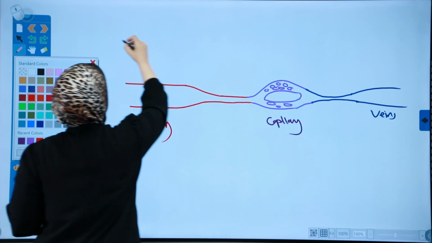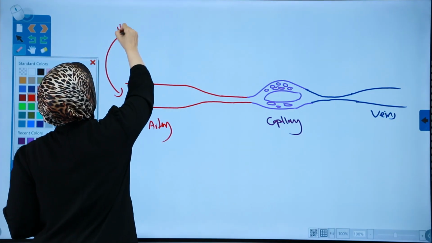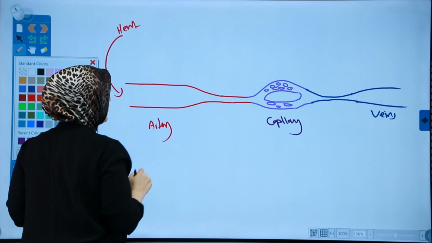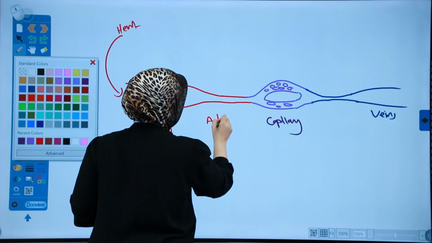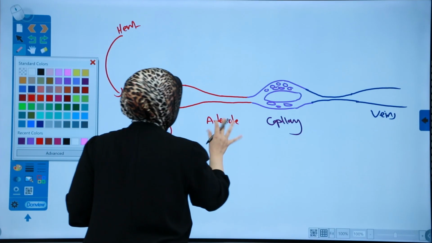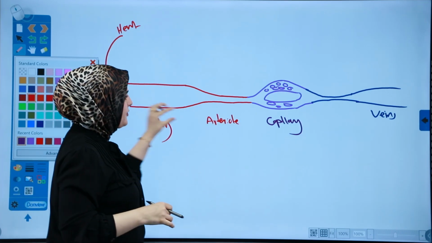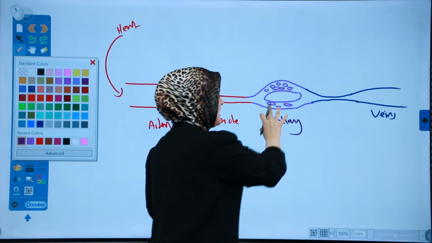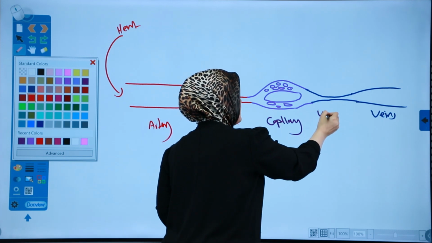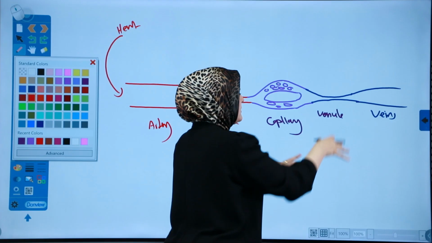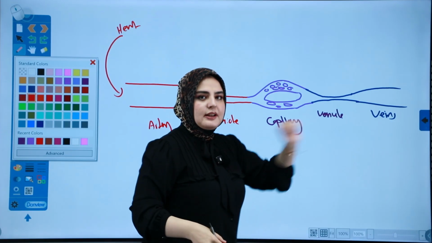So when the artery brings blood from the heart, it becomes an arteriole, this very, very small type of artery before it transitions to a capillary. Then the capillary joins back to become a venule, and multiple venules join back to become a big vein like that.